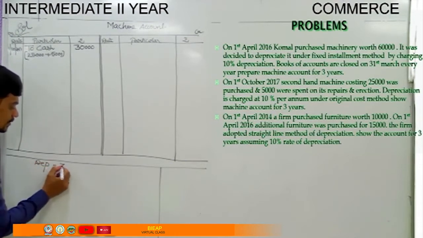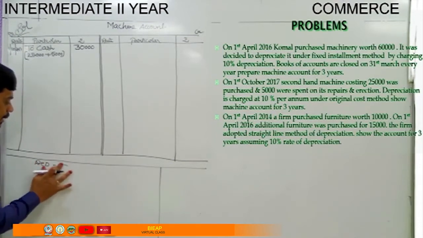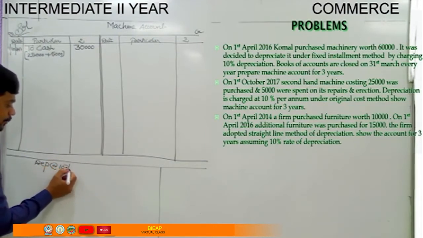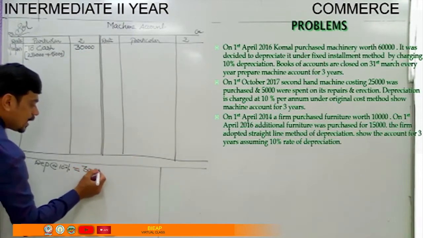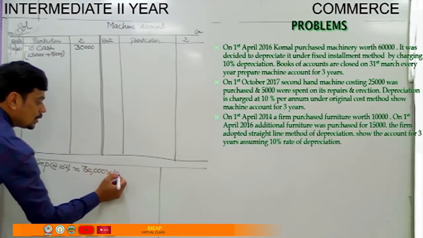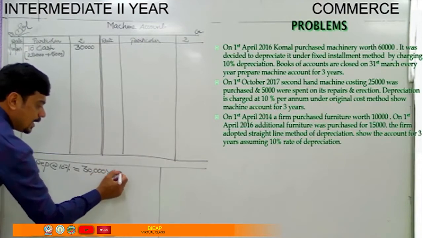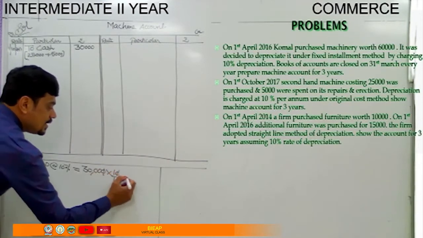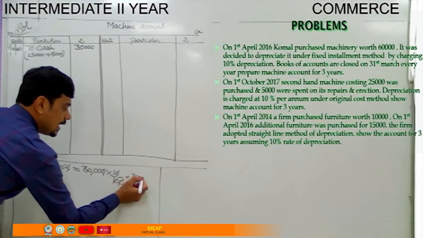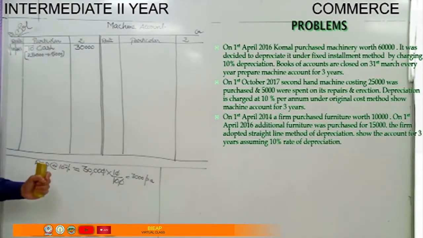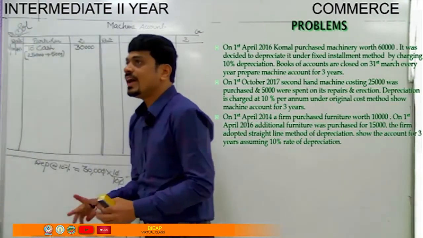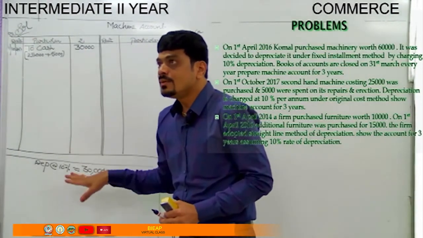How much is depreciation? Depreciation at the rate of 10% equals how much? 30,000 into 10 by 100. If we cancel, we get 3,000 per annum. But did we use the asset for 12 months?